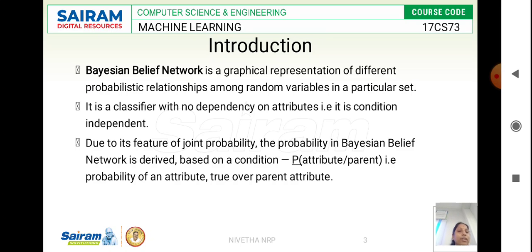Since it has joint probability, the Bayesian belief network can be derived easily, based on the probability of each and every attribute which has the outcome as true. We will be able to represent our Bayesian belief network.